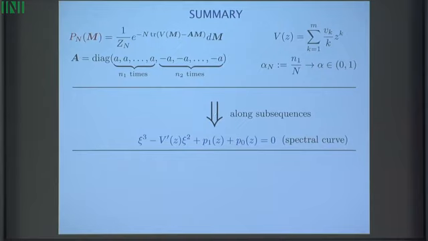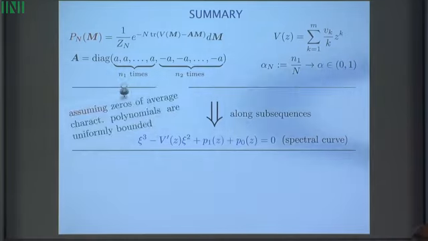Along subsequences, you can always find the spectral curve. It's a cubic equation that will be solved in particular by a combination of the Cauchy transform of your asymptotic eigenvalue distribution and the potential V, actually V prime. Unfortunately, and this I have to insist, this is only assuming that the zeros of these polynomials are uniformly bounded.